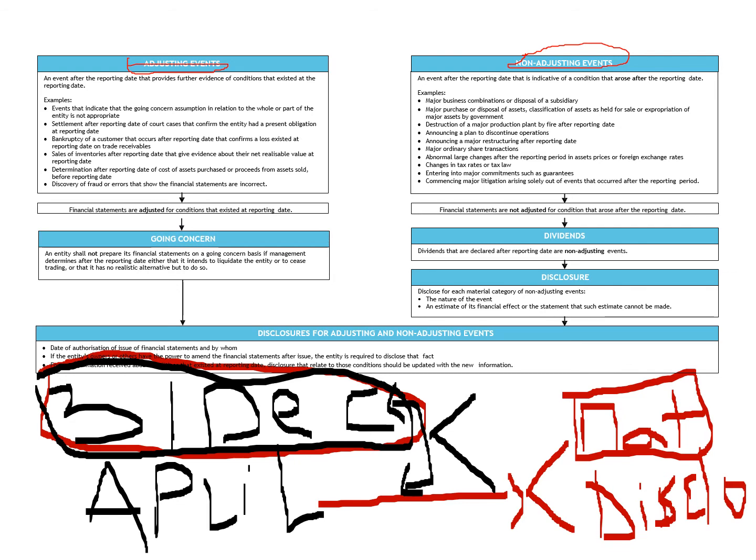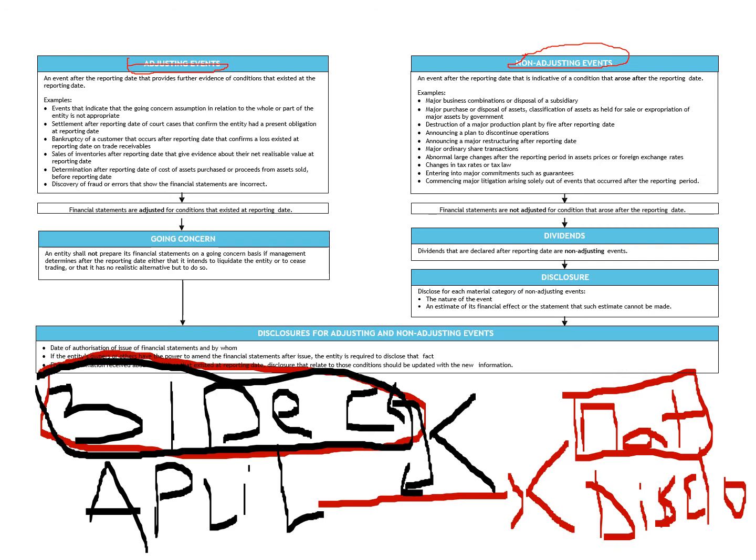But I will not go and adjust my figures as of 31 December 2019. If you can grasp these two examples and the difference between them, you will grasp all the concept of IAS 10 actually.